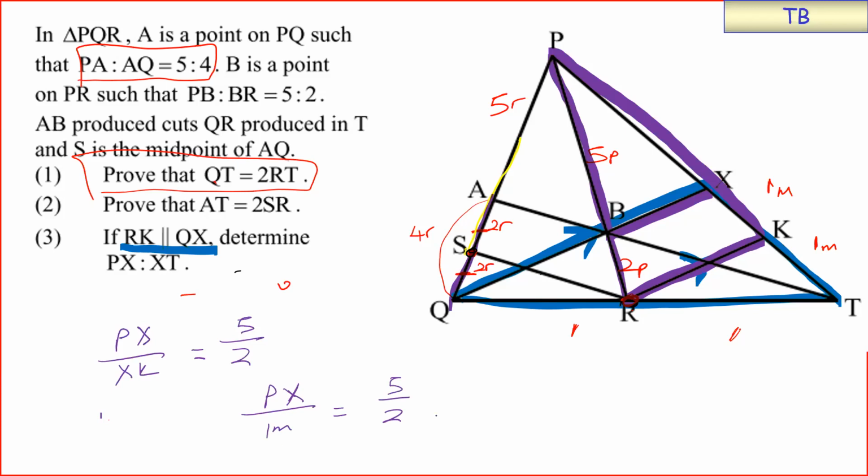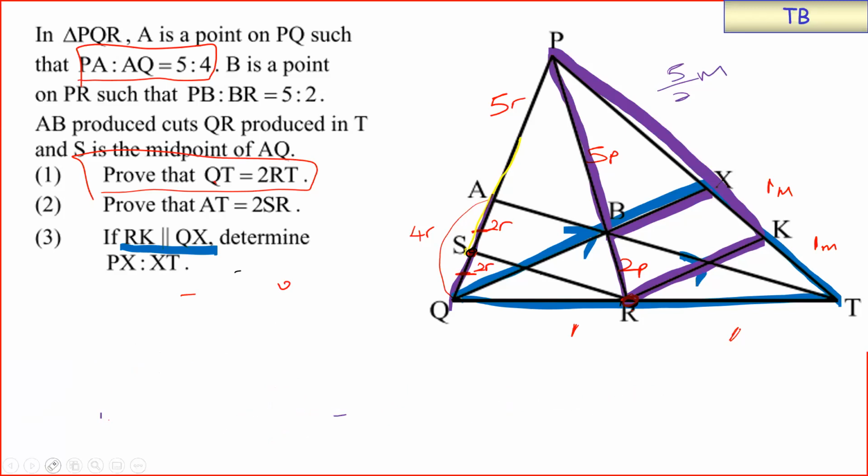And to get rid of that, we can actually say that PX is equal to 5 over 2 cross multiply M. Okay, sir. Are you with me now? Yes, sir. Because I brought it in terms of M. Now, what is my question? PX is to XT. Now we can find that surely.